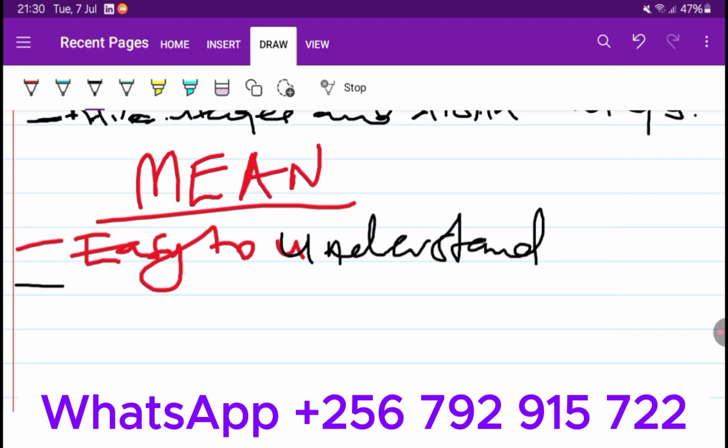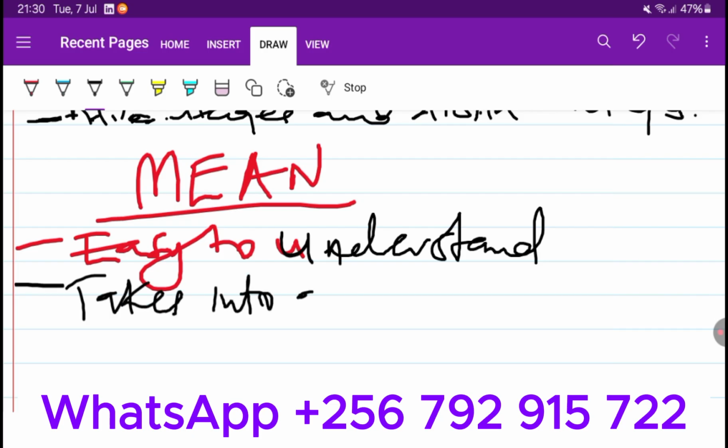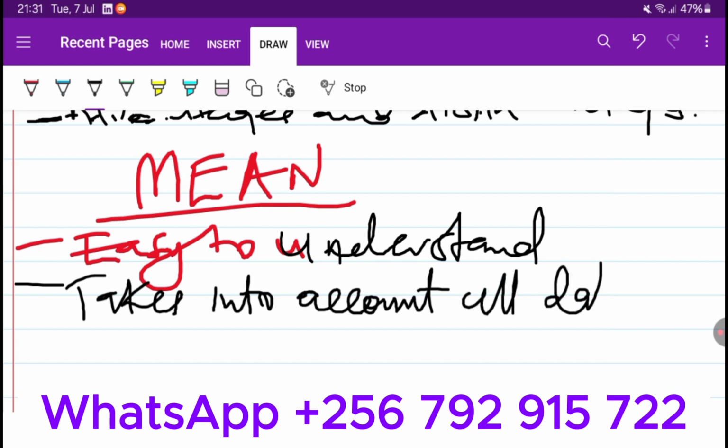The other point is that it takes into account all data values. Like when you are computing the mean, you use all the data set that has been given to you.